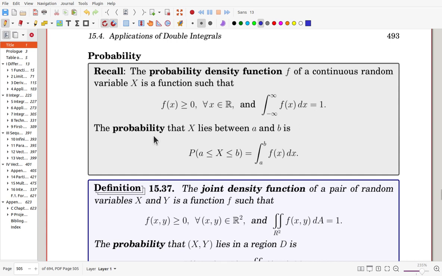And if we want to get the probability that x lies between a and b, you can evaluate the integral from a to b of the probability density function f. So that's the recall. You learned this one in calculus 2.